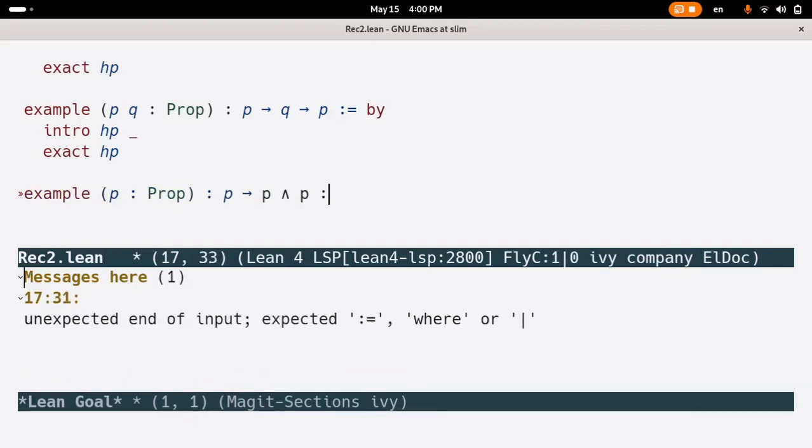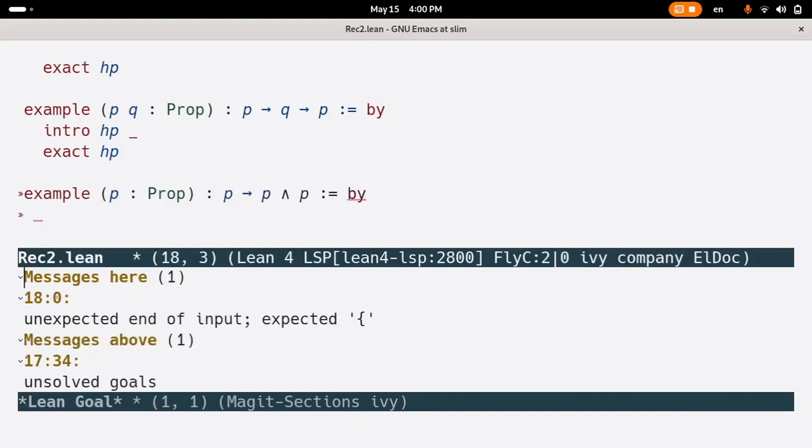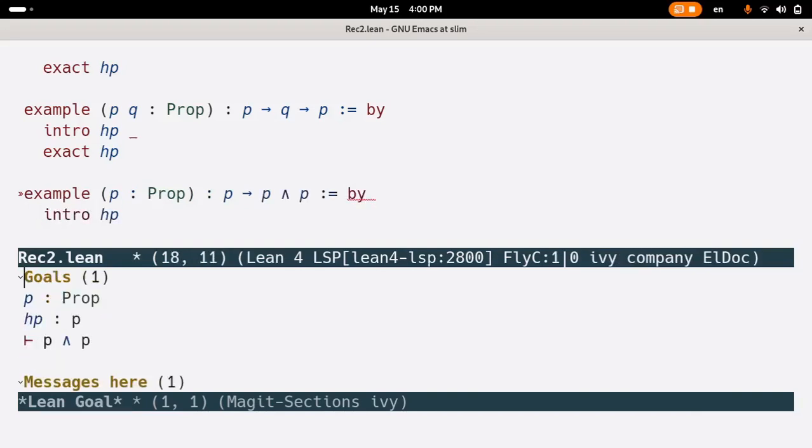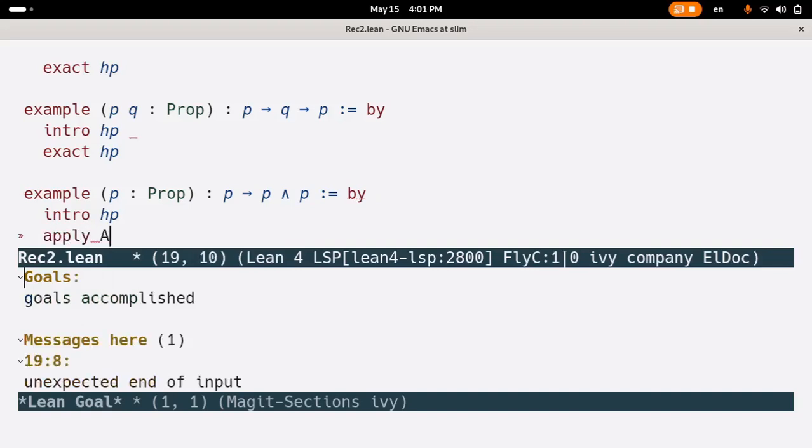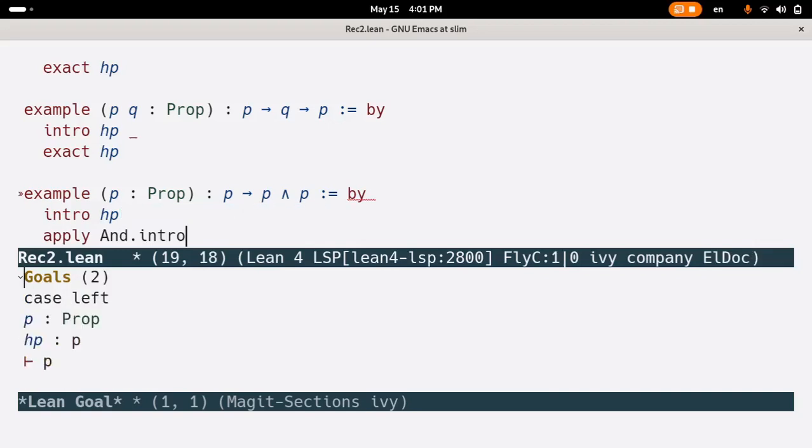Let us prove that P implies P and P. We introduce HP. The remaining goal is an AND. So we use the apply tactic with the theorem And.intro, and observe that Lean has split the proof into two cases.